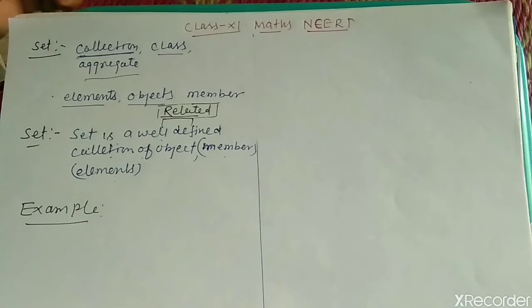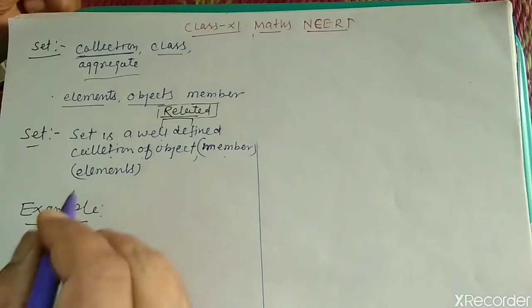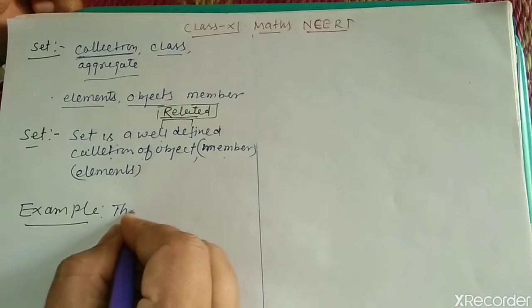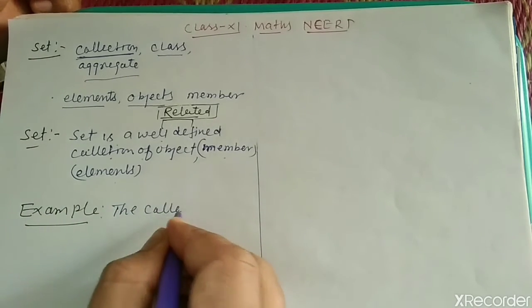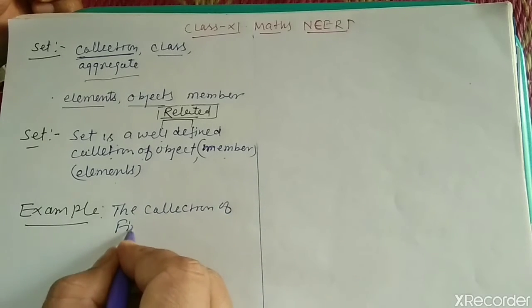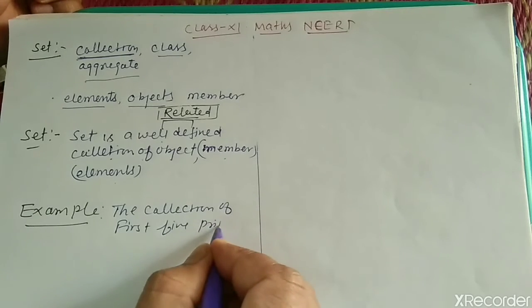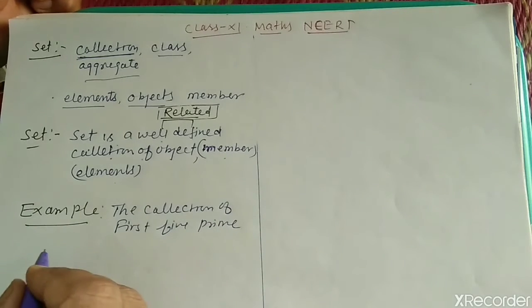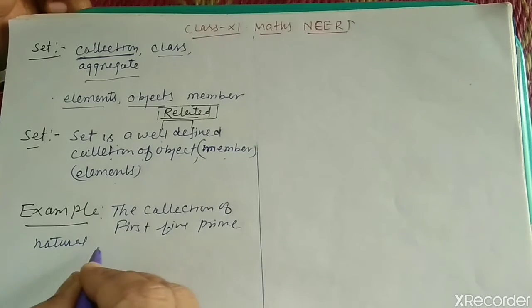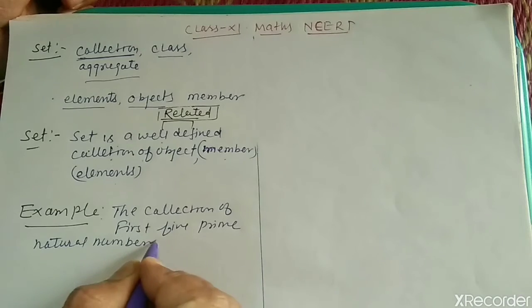There are many examples. So, we will take a collection of the first 5 prime natural numbers, clear.